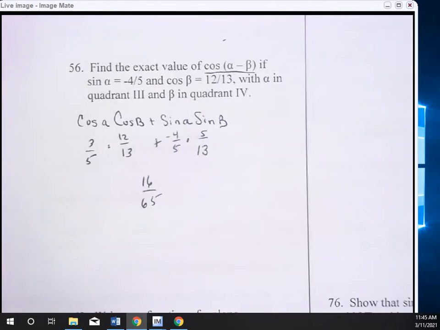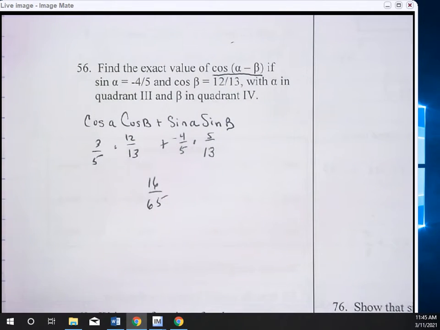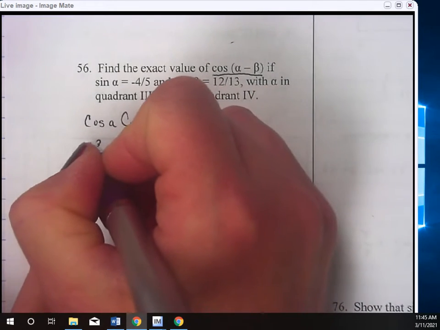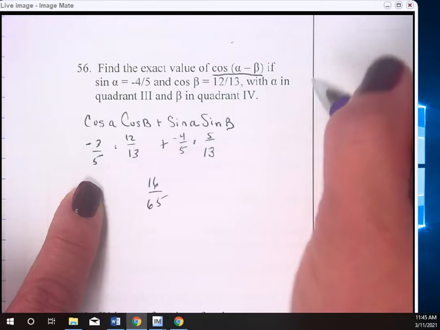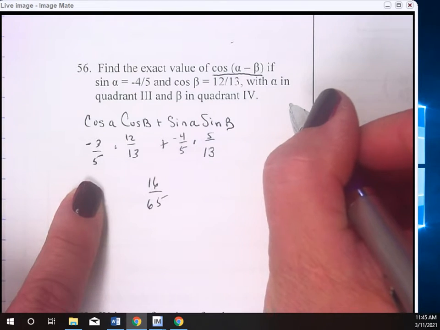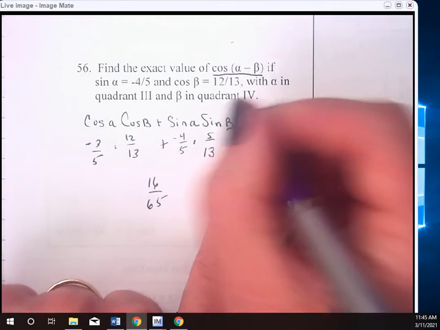Okay, now there's something else that we need to go back and double check. That very last line says alpha is in the third quadrant. So no, we don't get 16/65. If alpha is in the third quadrant, then cosine is negative in the third quadrant. And beta is in the fourth quadrant. Sine is negative in the fourth quadrant.